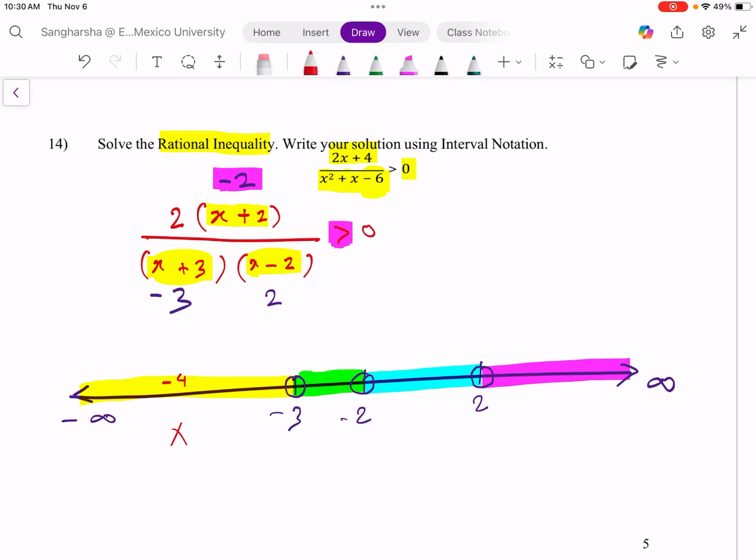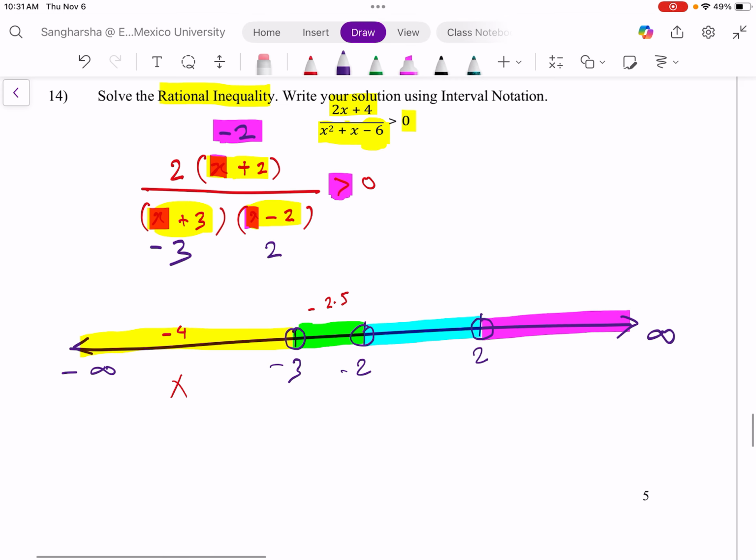Now let's take a number from here. So let's take negative 2.5. Is negative 2.5 a solution for our inequality? You replace every x of this inequality by negative 2.5. Okay, so let me write here.